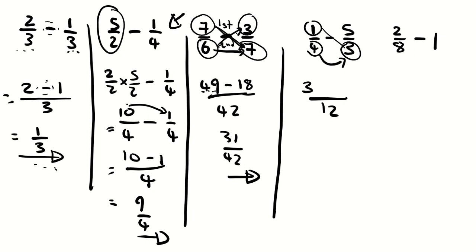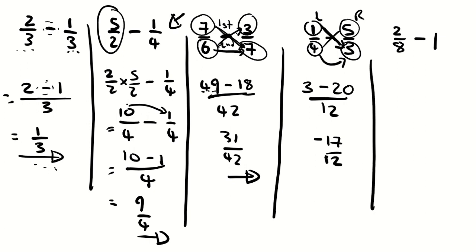And then you're going to say 4 times 5. That's going to be 20. You're going to write your answer on the right. So the answer you get here is written on the left, and the answer you get here is written on the right. Okay, so 3 minus 20 is equal to negative 17 over 12.